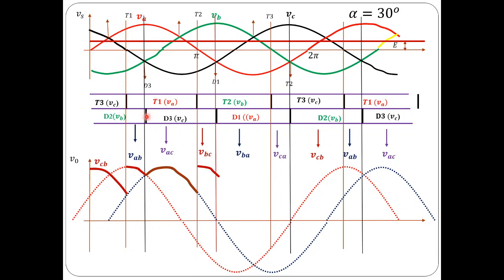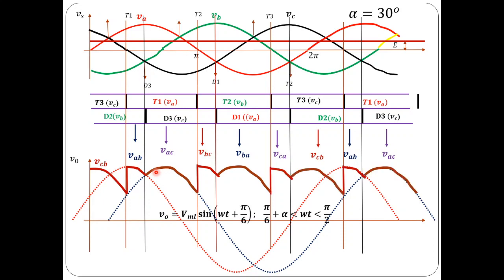Coming to the diodes, there is no change in the conduction diagram. For alpha equal to 30, from omega t equal to pi by 6 plus alpha to pi by 2, the output voltage is the same as VAB, and then from pi by 2 to 5 pi by 6 it is the same as VAC. That is what is indicated here. Similar operation would be repeated for the next 120 degrees and so on.